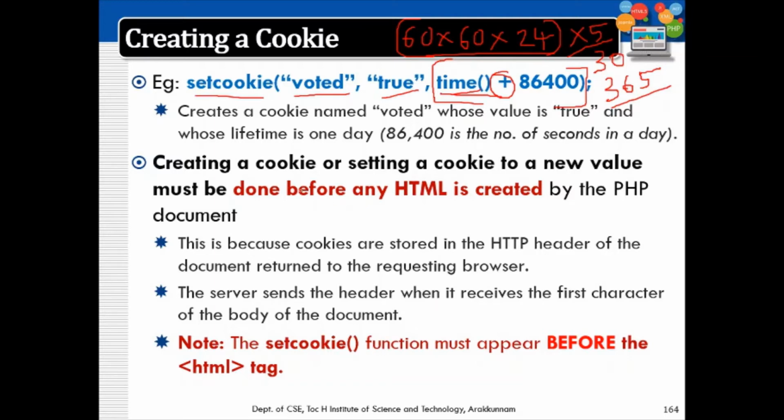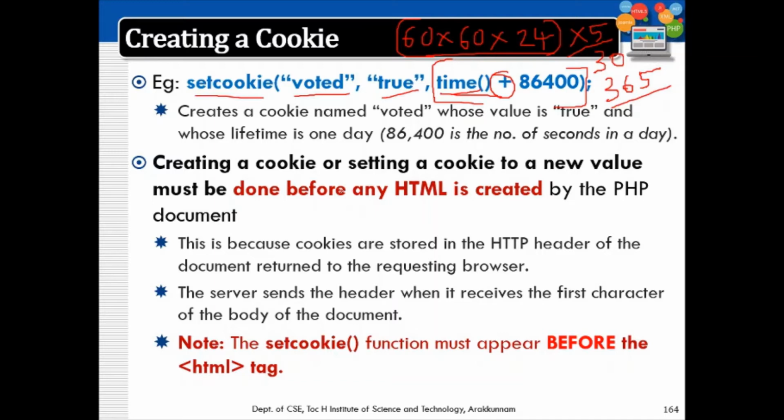And one thing which is very important: I already said that cookie data will be sent to the server in the header part of the HTTP request. Hope you remember the HTTP request and reply format. An HTTP request has a header, then it leaves a blank line, and then the body starts.